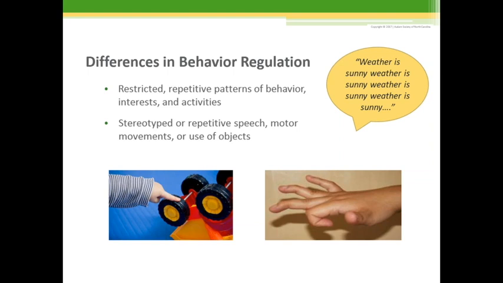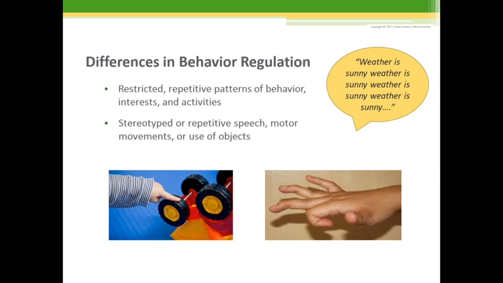Or the individual with autism who's hyper-focused on the weather and has some significant anxiety or concerns about weather patterns, and so repeats over and over again, the weather is sunny, the weather is sunny, in an effort to get affirmation around what the weather conditions are. These differences in behavior regulation as it relates to restricted patterns of behavior and stereotyped or repetitive speech, so repeated statements, non-functional speech, saying the same things over and over again, maybe scripting from a television show or movie or a song, or we might see repetitive motor movements, or strange or unusual repetitive use of objects.